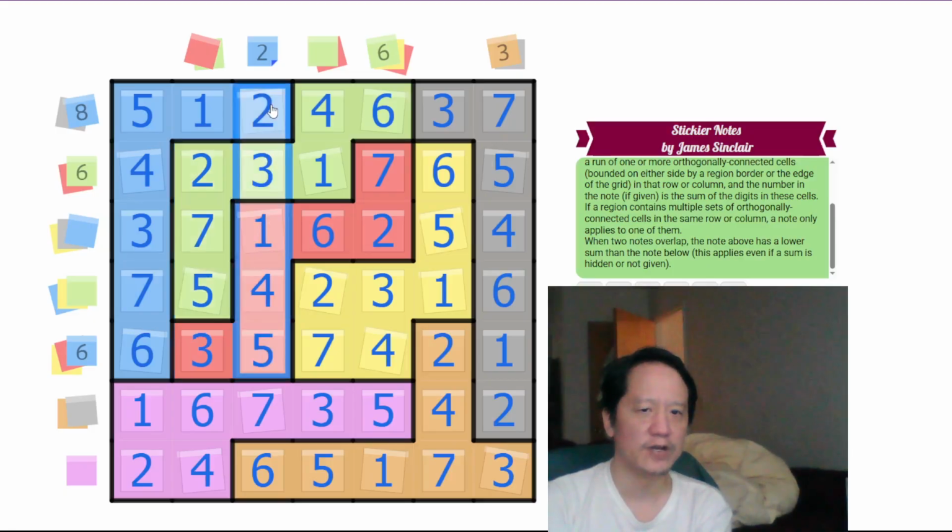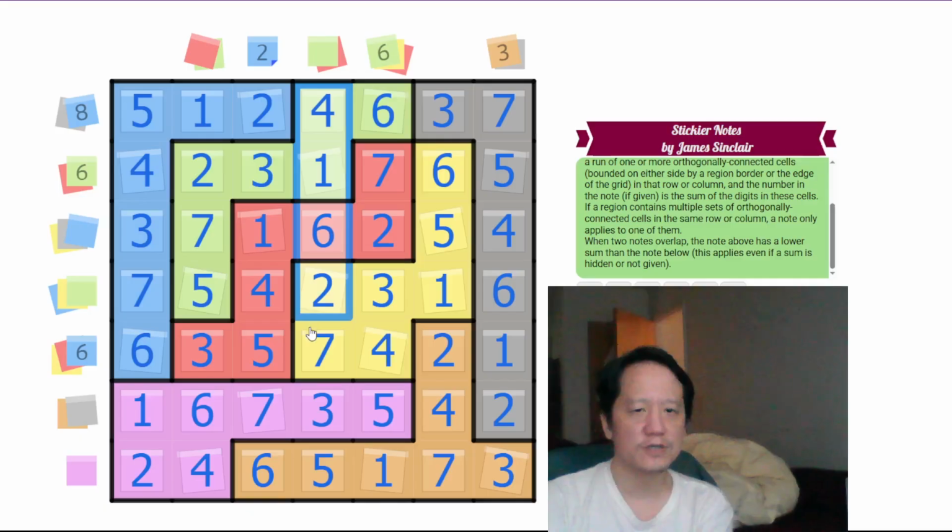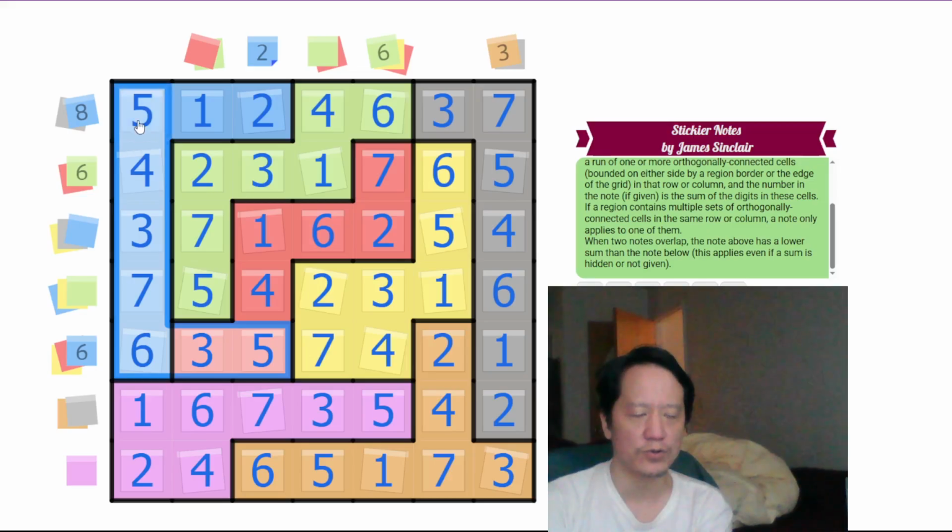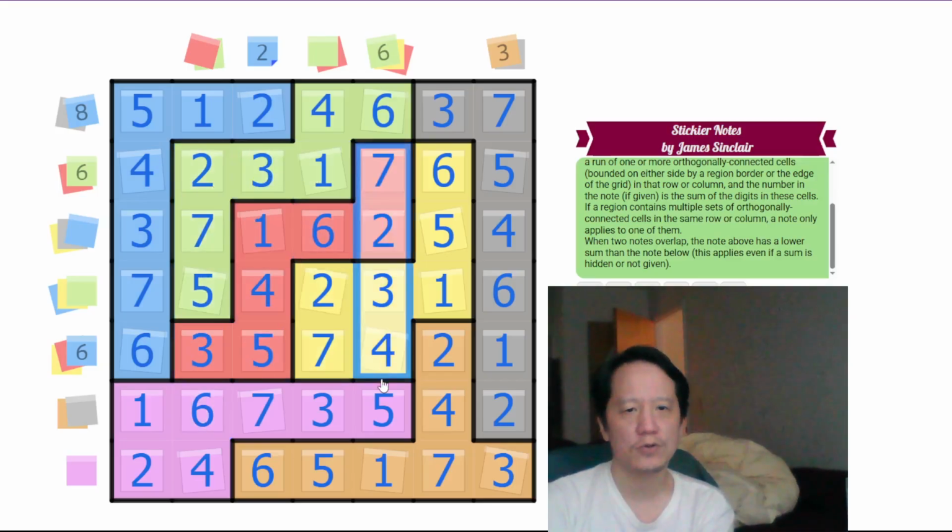You can't have 5 down here because you only have 1 blue, and it would be 2. You can't have 5 here because, again, red has to be somewhere here. So it's basically the red that's restricting things, which means blue has to be here. But we tried this blue, and that didn't work. It just doesn't work because this has to add up to 8. So basically it's the red that's restricting things here for the blue.